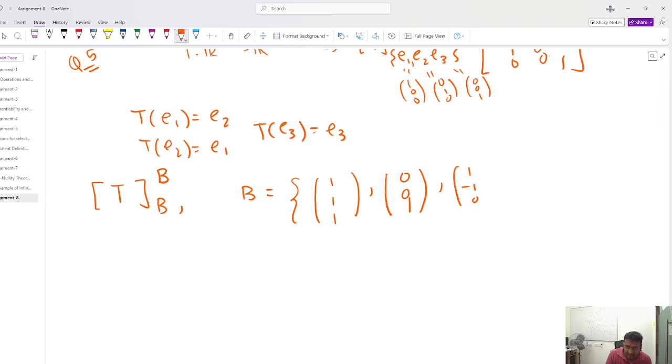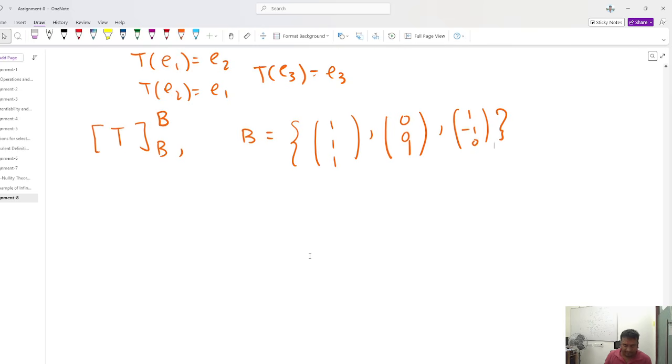First of all, you should always check if what is given to you is a basis. I'm not checking that, I'm assuming that this is a basis. There will be a problem if it isn't a basis. So now let us first see what is T of (1, 1, 1). If you apply the linear transformation, this is nothing but T of E1 plus T of E2 plus T of E3.